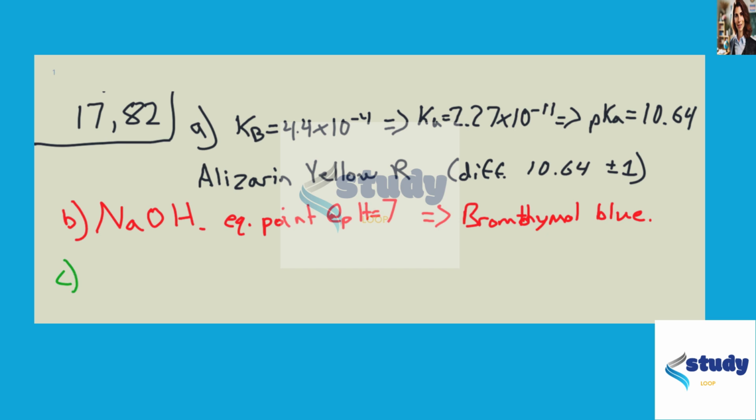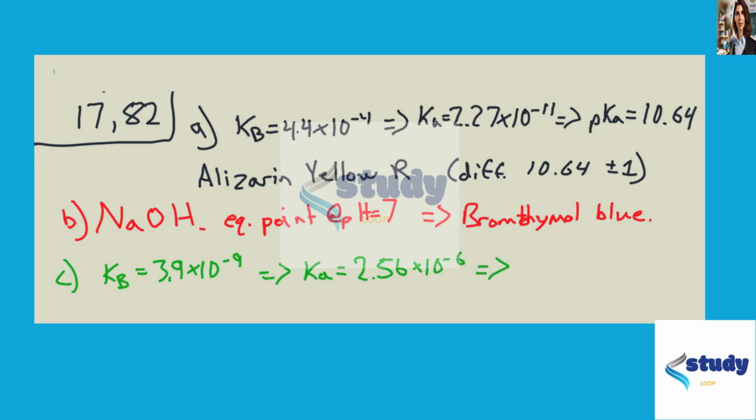And the last chemical that they give us is aniline, aminobenzene. So we see that the Kb for aniline is equal to 3.9 times 10 to the minus 9. And from that, we can calculate the Ka of the conjugate acid as being equal to 2.56 times 10 to the minus 6.